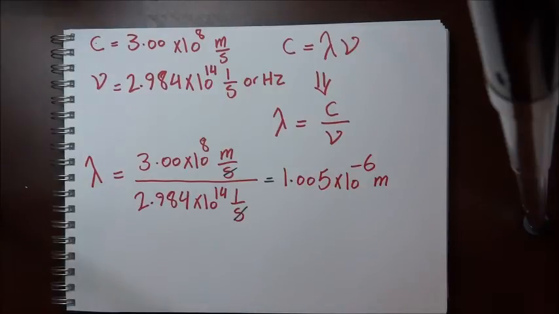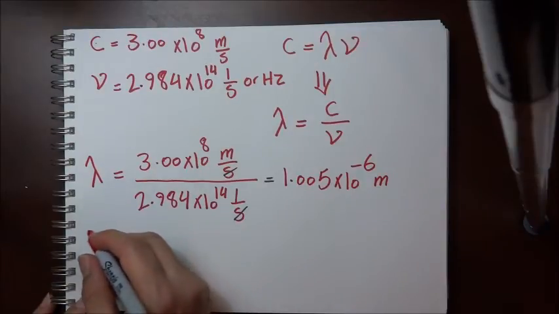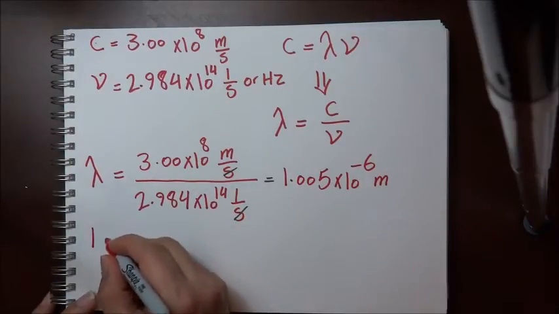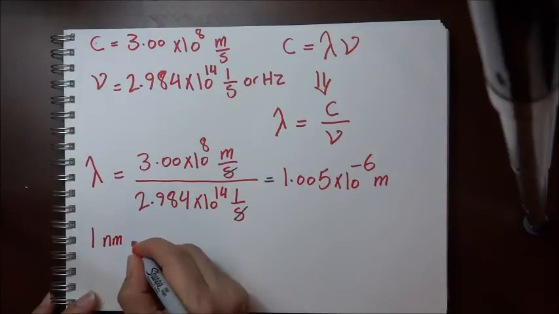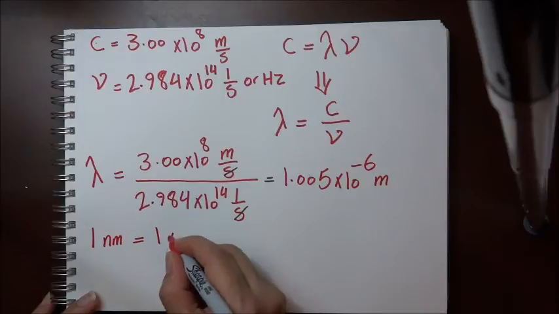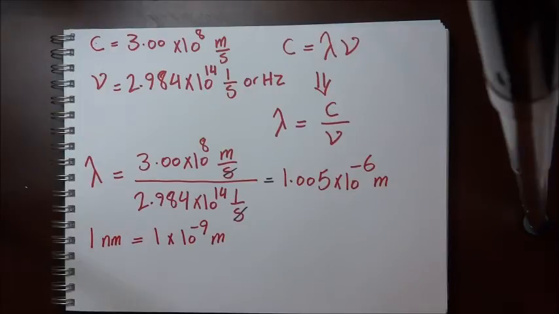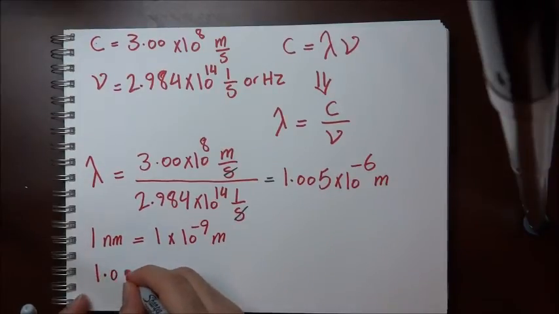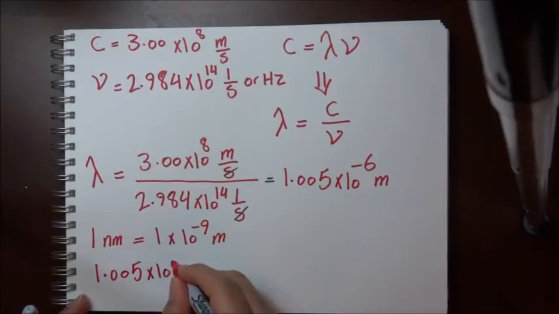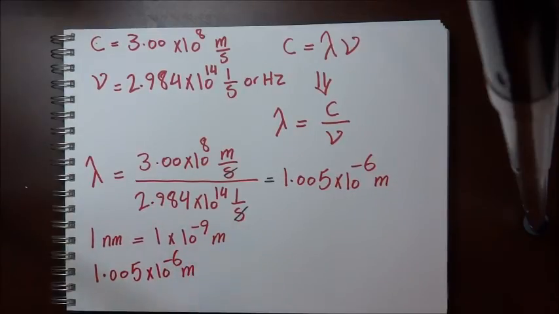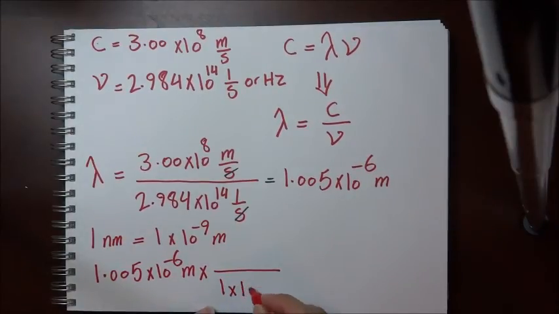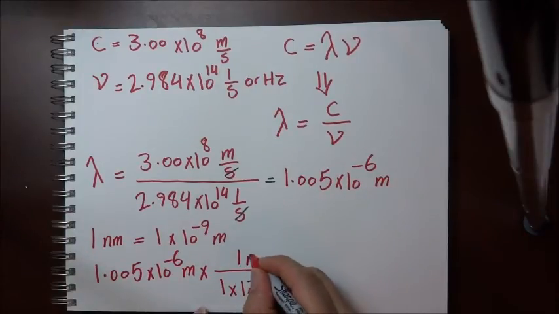If they are asking to find the wavelength in nanometer, you can do this conversion. That is 1 nanometer is equal to 1 multiplied 10 to the power of minus 9 meter. So you can say 1.005 multiplied 10 to the minus 6 meter multiplied by 1 nanometer over 1 multiplied 10 to the power of minus 9 meter.